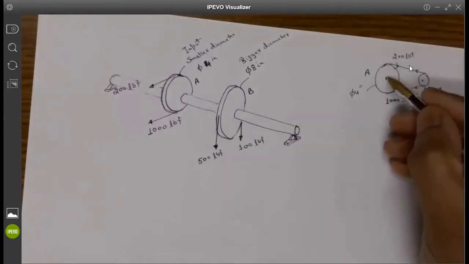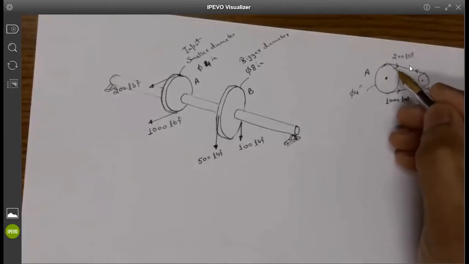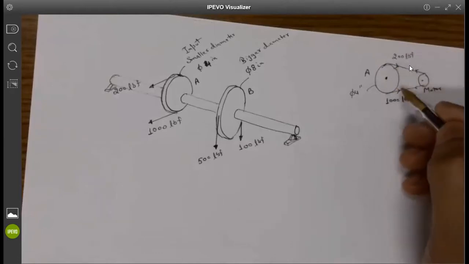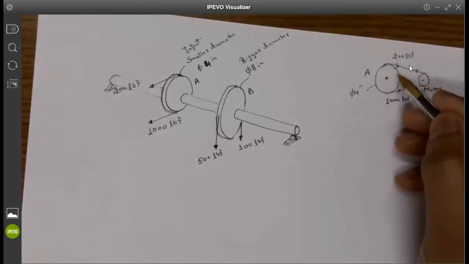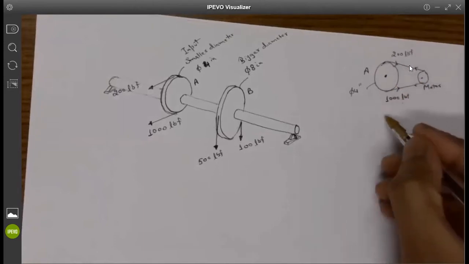So always remember that when a pulley is rotating, it must have a difference in the tension on the two sides. If there is no difference in tension on the two sides, that means the pulley is not rotating.